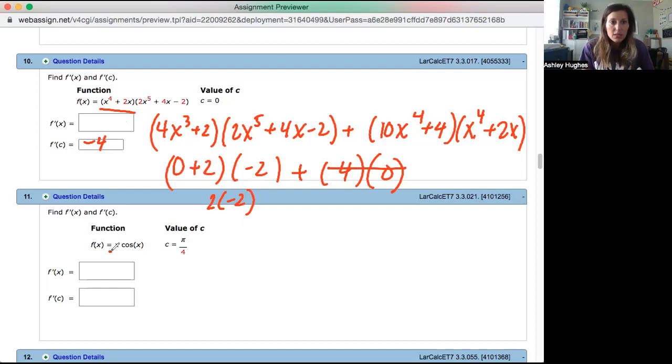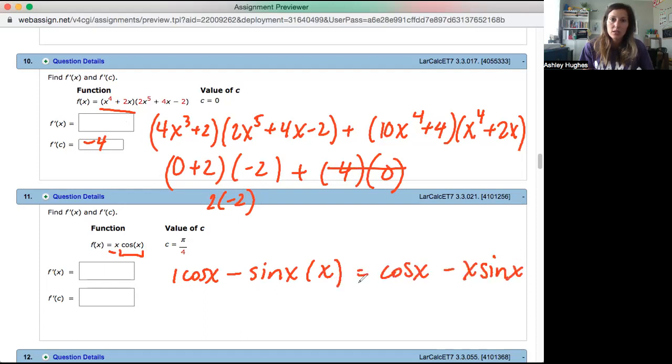For this one, we need the product rule because we have 2 functions of x. So the derivative of the first times the second plus the derivative of the second, which is negative sine, so it's like a minus times the first. I'm going to plug in pi over 4.